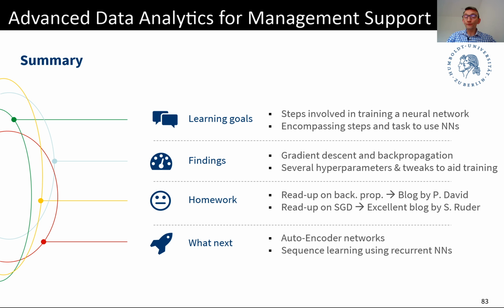You could also further refresh your knowledge of stochastic gradient descent or gradient descent based methods. There is a very nice blog by Sebastian Ruder for that purpose, just to better understand these training algorithms. A good understanding of them will help you to diagnose what goes wrong in neural network training, if something should go wrong with your networks.